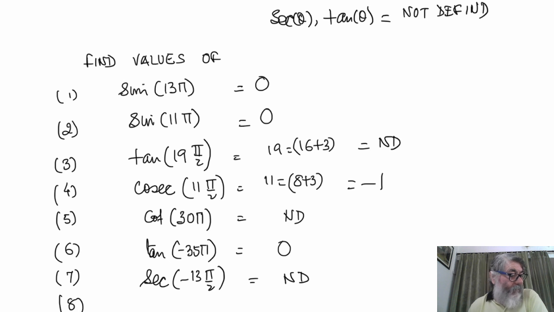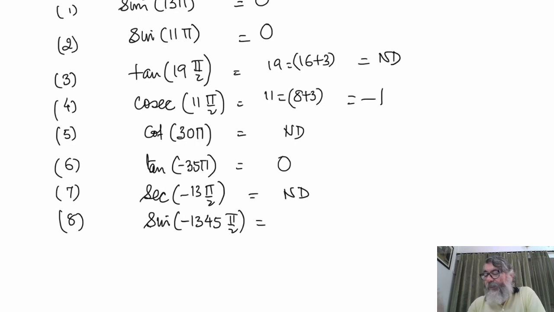Then let's see what else is there. Sine minus 1345 pi by 2. This is just an exercise to make you understand. Forget about the negative sign.